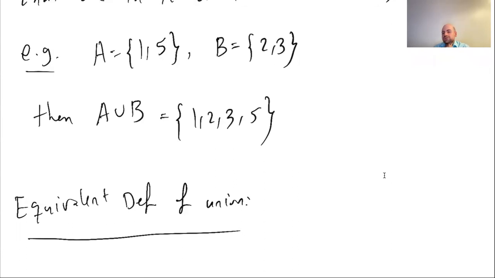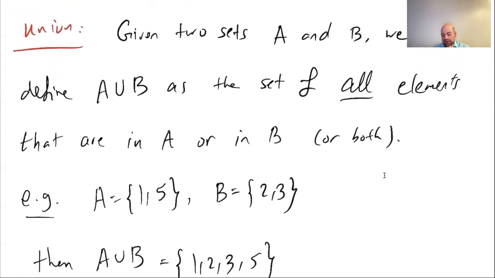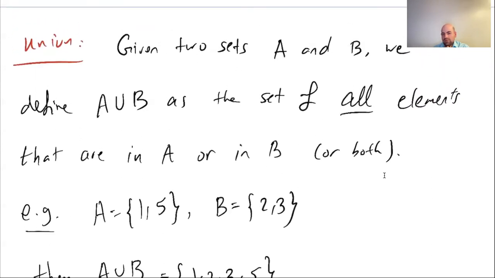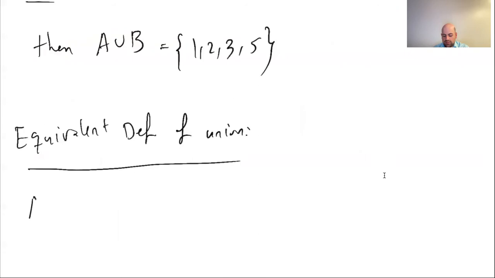So we saw that disjunction, because here in the definition we had "or", right? So from the logical perspective, "or" means disjunction. So I can say A union B is the set of all elements X such that X belongs to A, disjunction, X belongs to B.